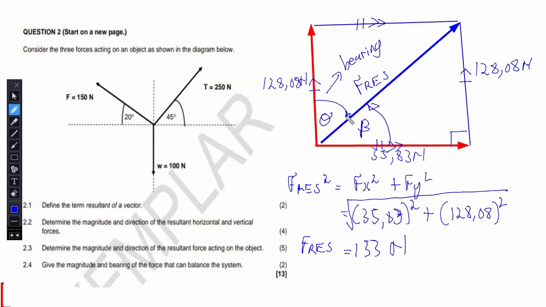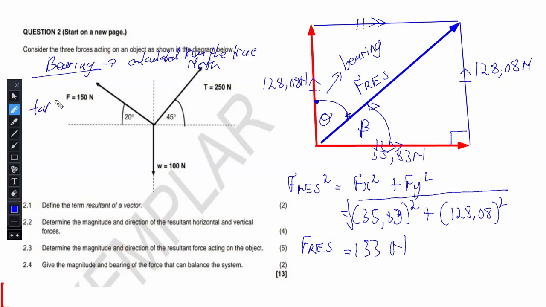So let's say now we want our angle in terms of the bearing. In both of these methods, you still have to calculate your angle using the trig ratio tan. The bearing is always calculated from the true north, from the y-axis all the way to the resultant.